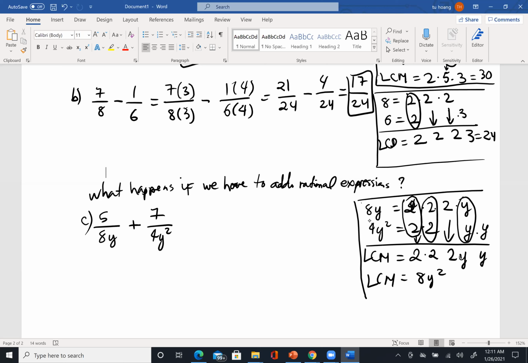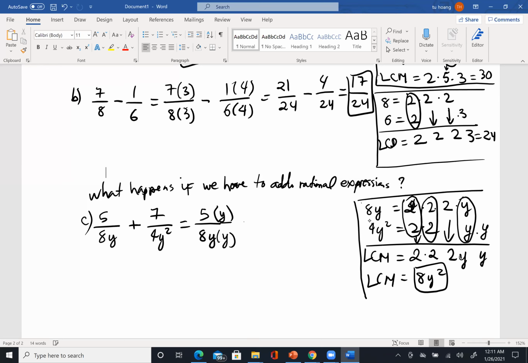So now come back to the problem. I have the first term 5 over 8y, but I want to make it become 8y squared, right? So what should I do? I need to multiply by another y to make the y squared. Since I multiply by y at the bottom, I also multiply by y for the top.